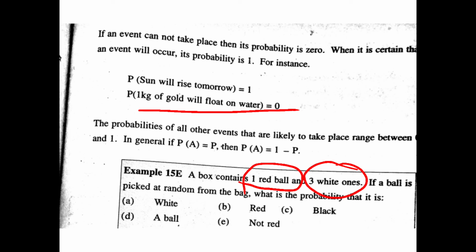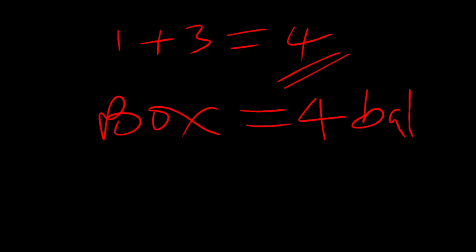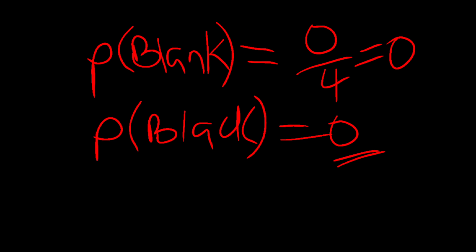What is the probability, that is D now, what is the probability that it is a ball? In this box, we have balls. So the probability of us picking a ball is equal to, at this time we're not focusing on the colors of the balls in the box.